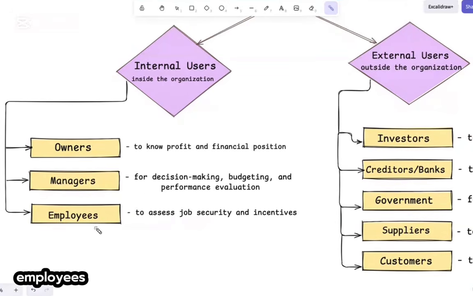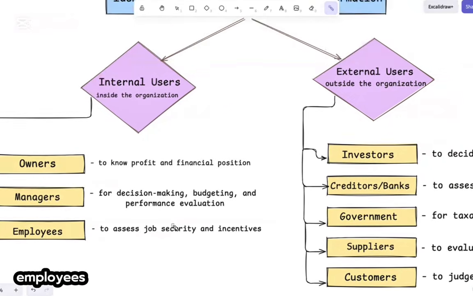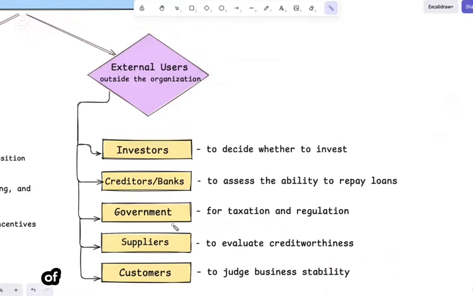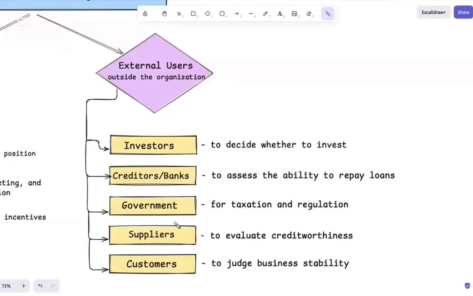Employees, of course, if the company is making strong profit, may expect bonuses or salary increases. If the company is struggling financially, they may worry about job stability. So that's why it's really important for employees to know about the financial position of their company.